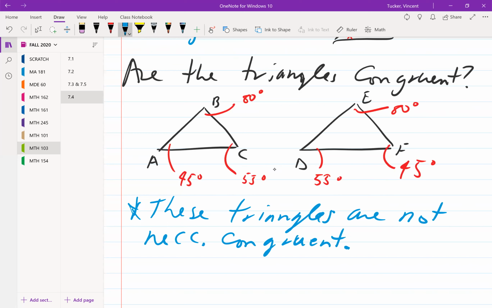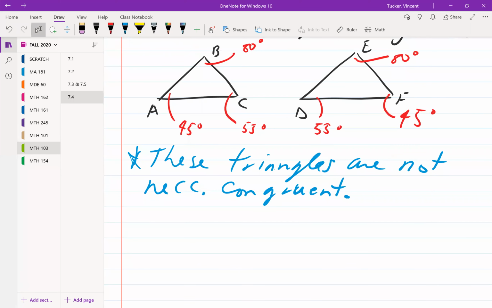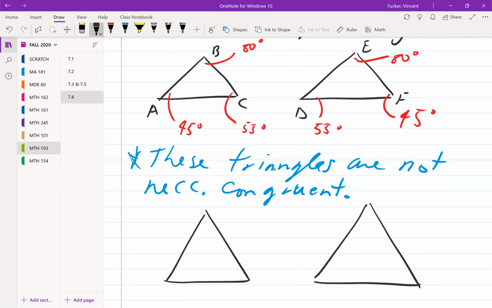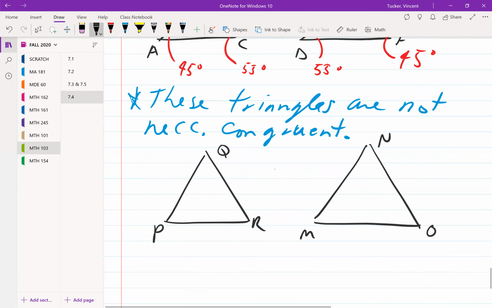We cannot go off of the three theorems that we have. All right, looking at the next one.